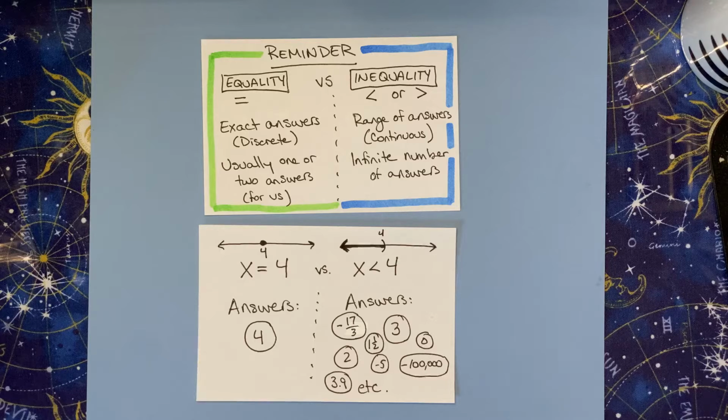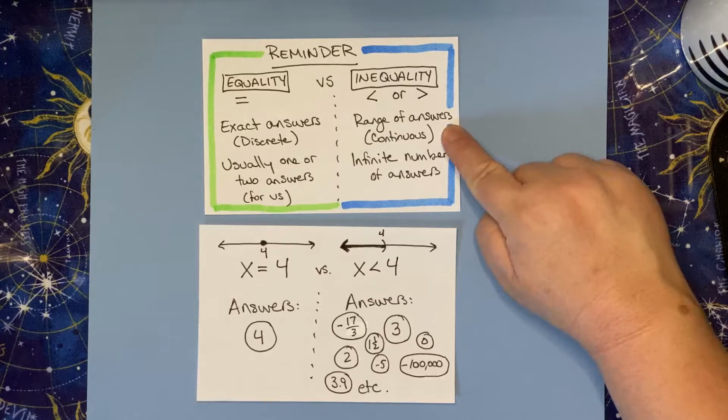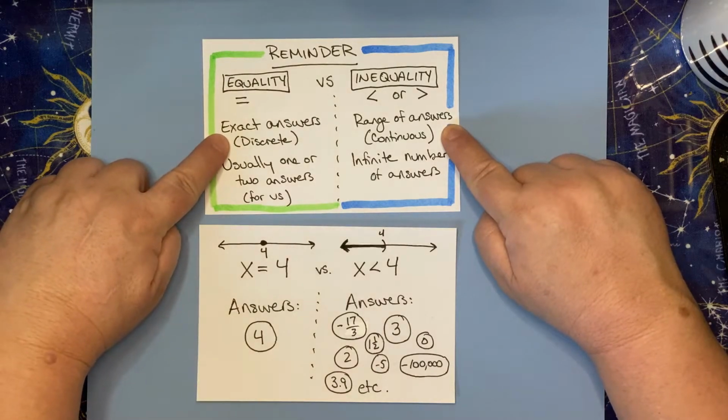But if you have to be at least 4 feet tall, you could be 4'1" or 5 feet or 6 feet or even 7 feet tall. But you couldn't be anything less than 4. So it's going to be a range of answers as opposed to discrete answers.